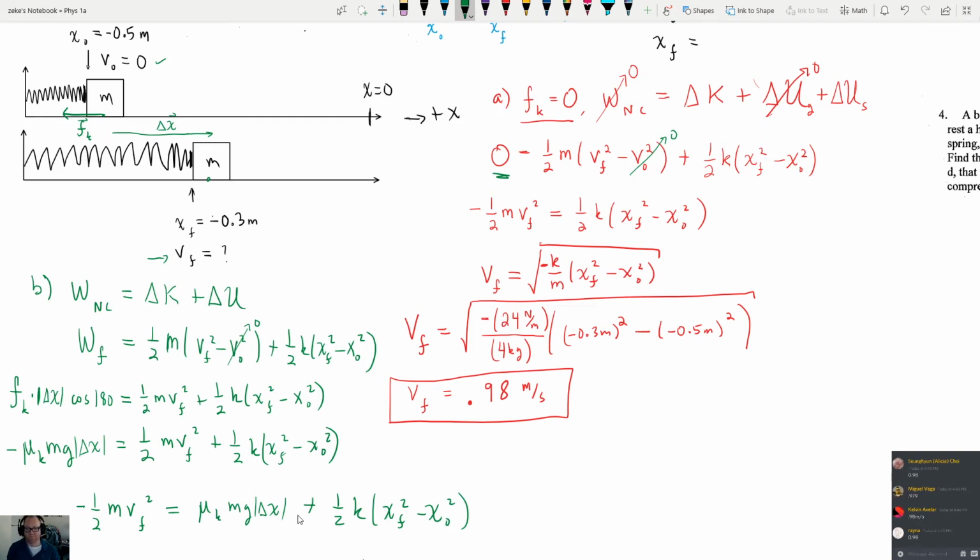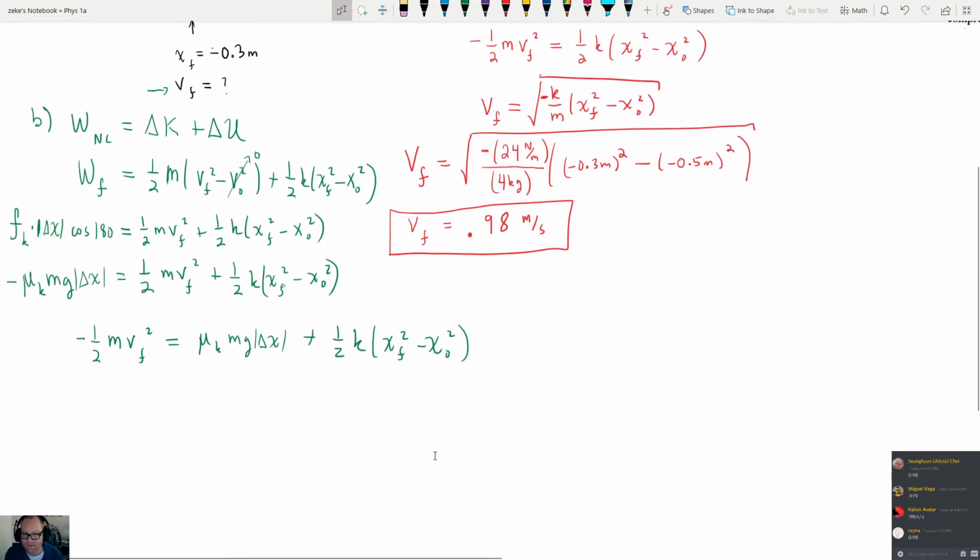And now we just need to do one more final step and then rearrange and plug in numbers. So we're going to end up getting v final is equal to negative 2/m times all of this stuff.